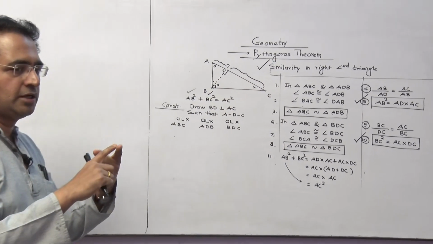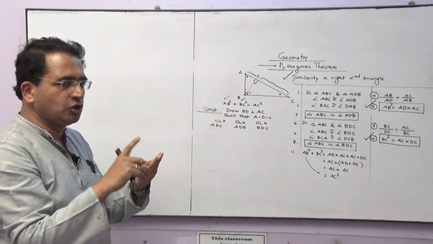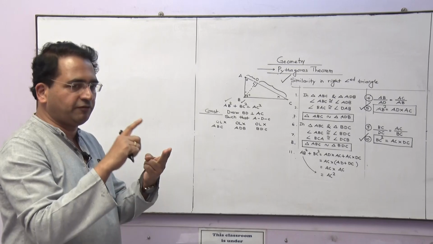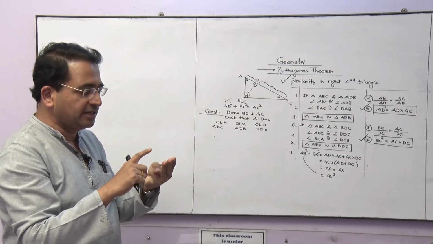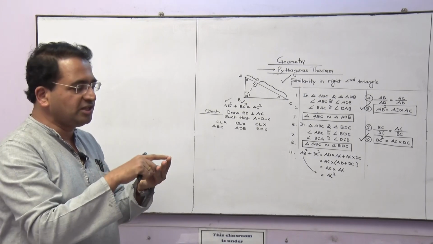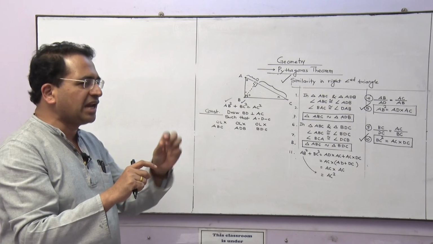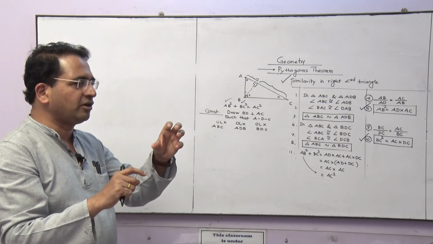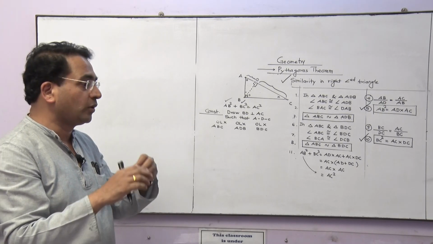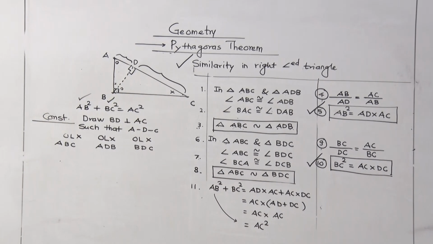First one is similarity in a right angle triangle. Second one, the geometric mean property of a right angle triangle. And the third one is the Pythagoras theorem itself. These 3 theorems are based on the same diagram. With slight modification in the statement-reason form, you can very well understand and secure full marks if this theorem is asked.